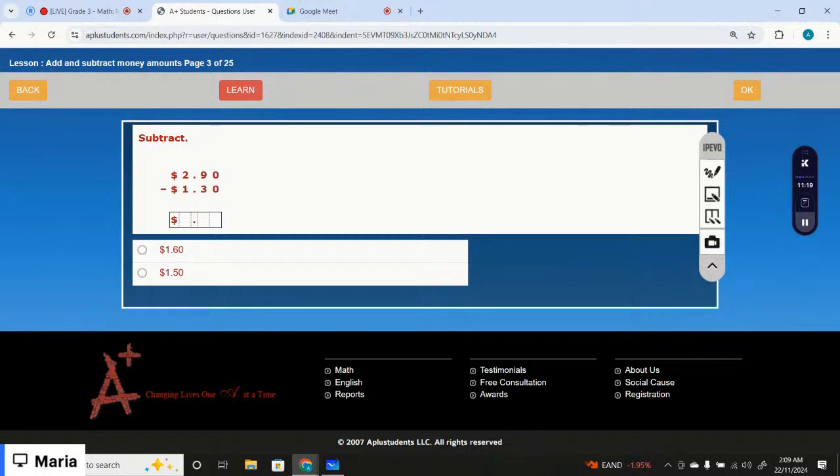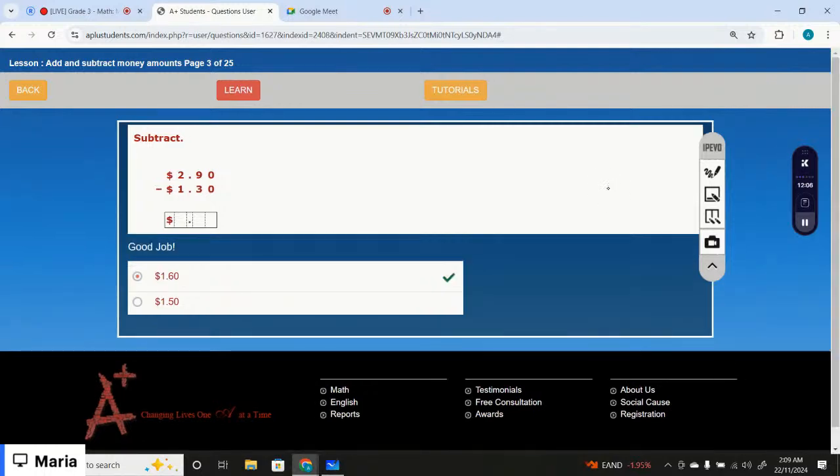2.90 take away 1.30. So which is the correct option? The correct option is option number 1. Very good.